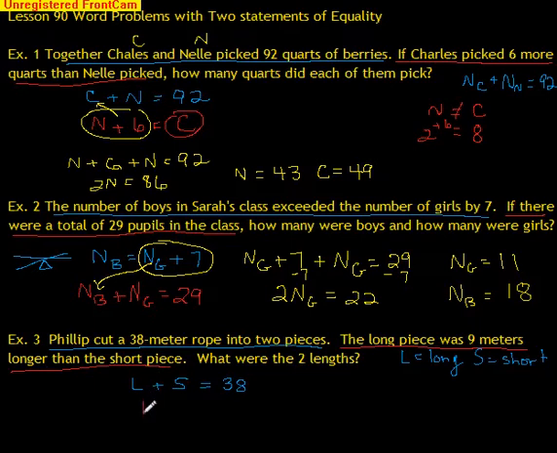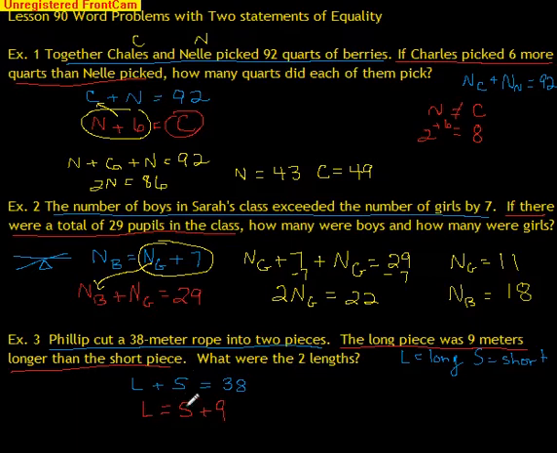So we know the long piece is equal to, it's longer, so that means for the short piece, we need to add 9. So you're always adding the number on to the one that's shorter or less to equal the one that's more or longer. So again, we just do a substitution.